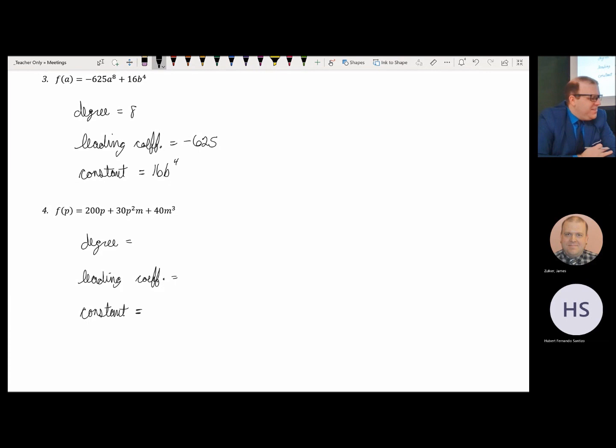What about here? Degree. Leading coefficient. And our constant.